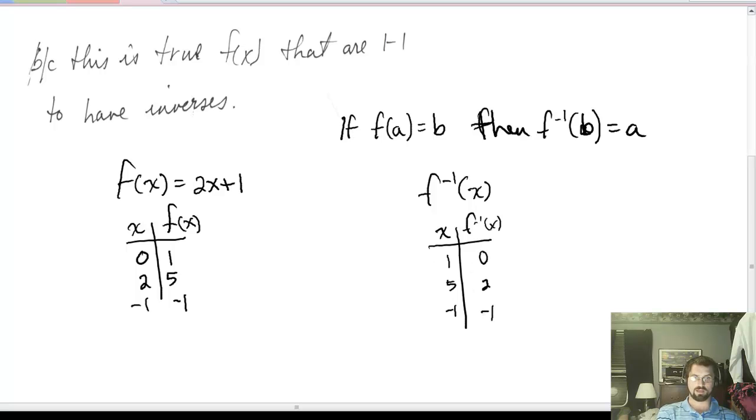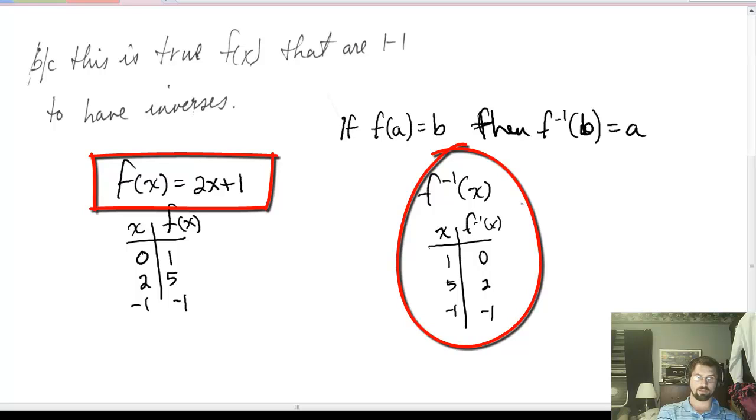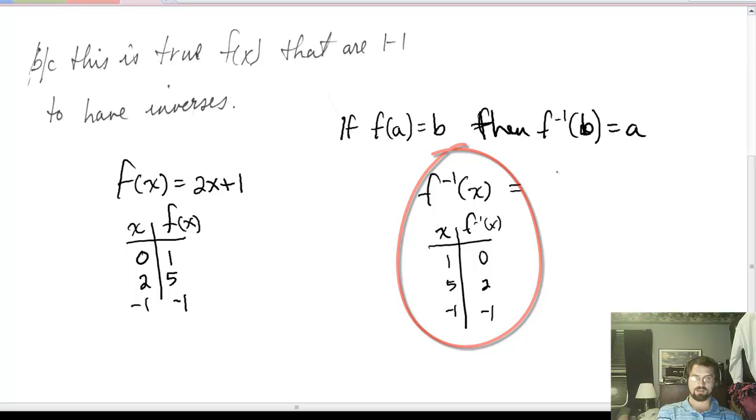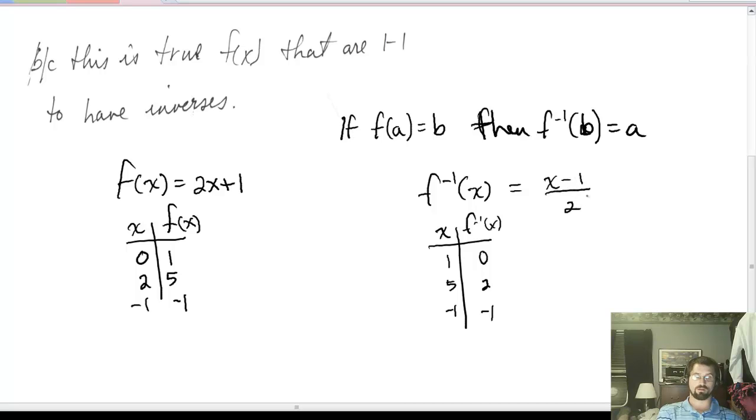Now if you actually took time, you would find that this is a linear function here. This one's linear over here and this one's also linear. And it actually turns out that this function has a slope of a half and a y-intercept of a half, but can also be written like this. So that is actually the inverse of this function.